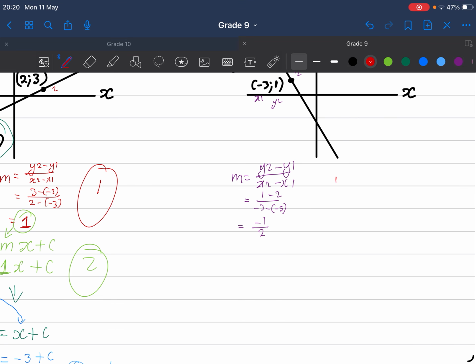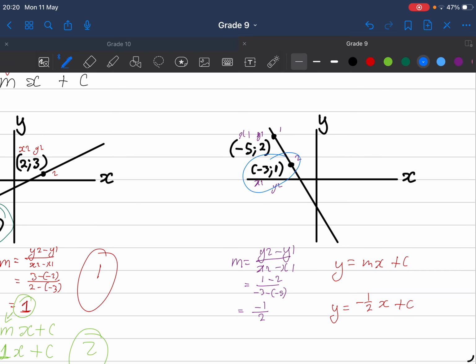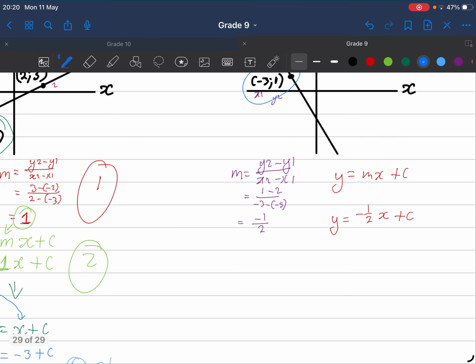I'm then going to go into y is equal to mx plus c, which is going to become y is equal to negative 1 over 2x plus c. I'm going to choose a coordinate. So for this one, let's choose this. So I'm going to put negative 3 and 1. So negative 3 is my x value and 1 is my y value. So this is going to go there and that's going to go there.